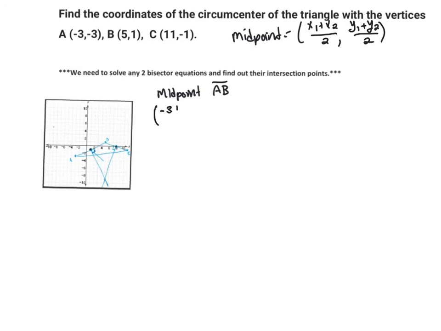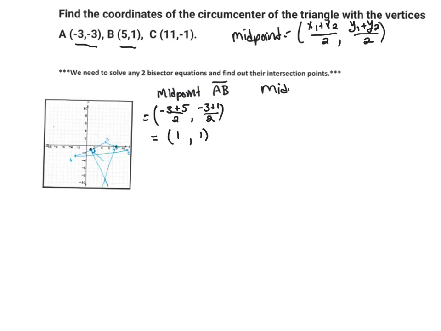So the midpoint for AB would be negative 3 plus 5 over 2, comma, negative 3 plus 1 over 2, from these points right here. That reduces down to 2 over 2, or 1, and the y also reduces to 1. So there's the midpoint.